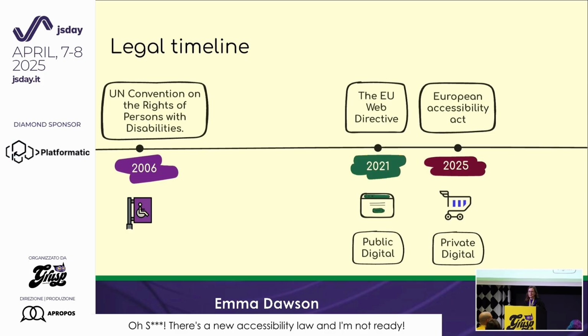And the European Accessibility Act builds on the Web Accessibility Directive by spreading it further to private companies. So this includes e-commerce companies, banking, e-books, transport, all the kind of things that you need to be able to live your everyday life.